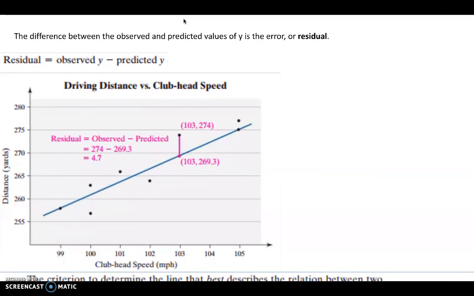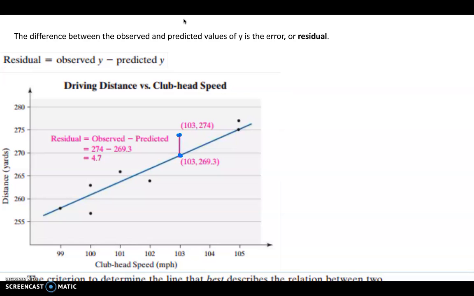Now, as I mentioned, there was a difference between this y value and the actual data point that we had. So our prediction was 269.3 for a distance when we were at a club speed of 103, but the actual observed was 274.